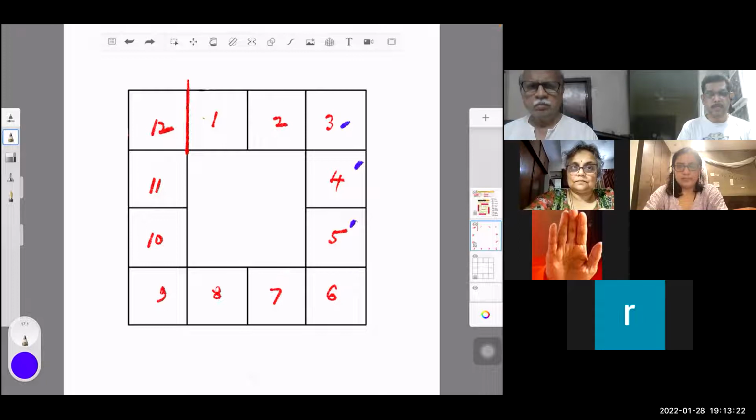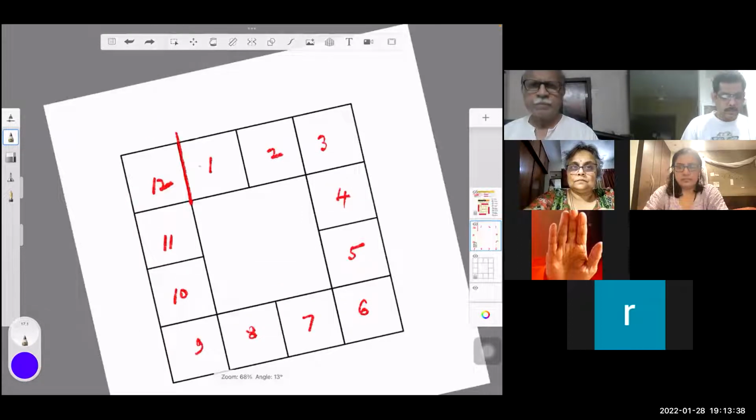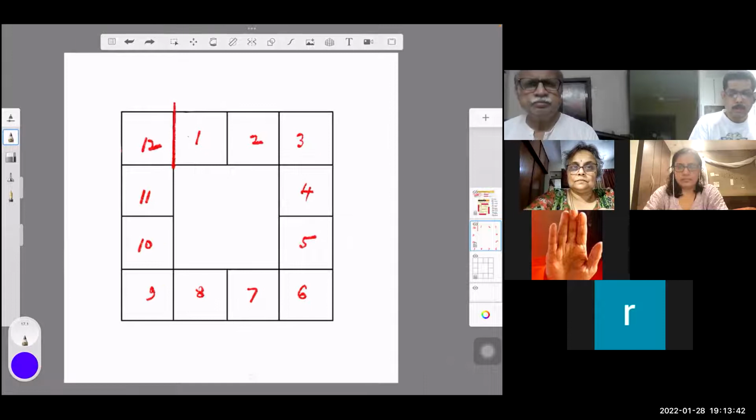You're wasting time, and that will be very amateurish. So I'm going to show you a method where the aspects can be visually grasped. It's very easy to pick up, and you will need a little bit of practice, and you'll be able to catch it. So the aspects, if you remember, the first aspect is the seventh aspect.